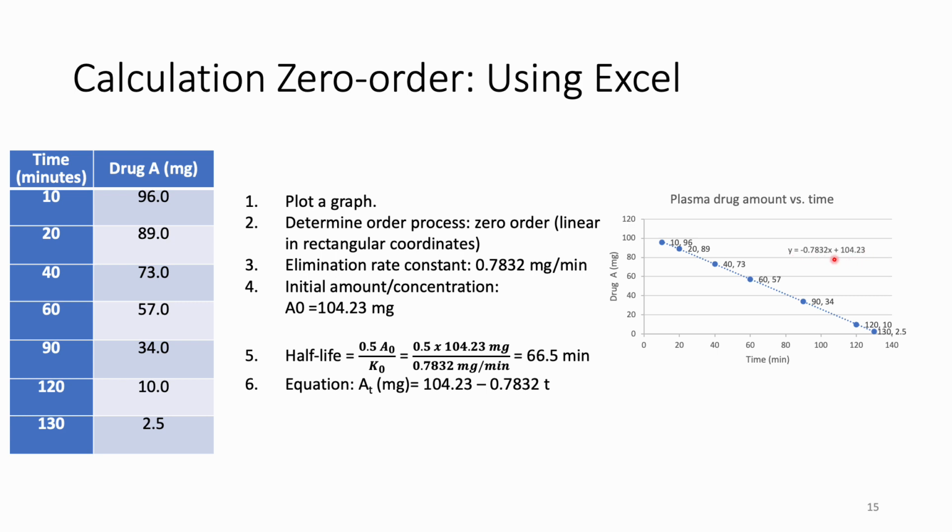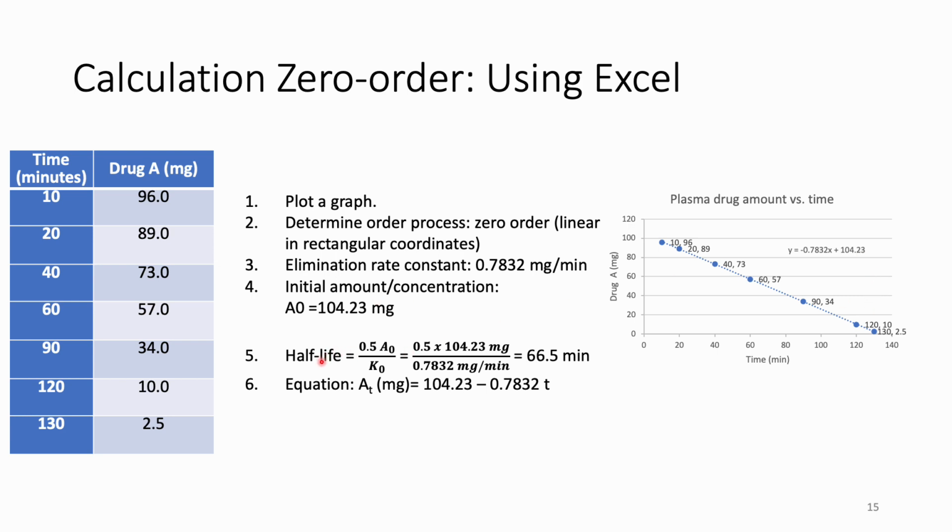So in this case, 0.7832 is the elimination rate constant, and 104.23 is the initial amount. I can find these directly from this equation.